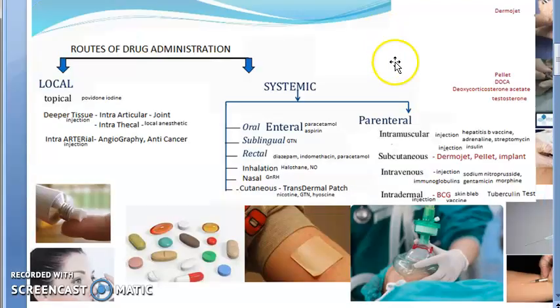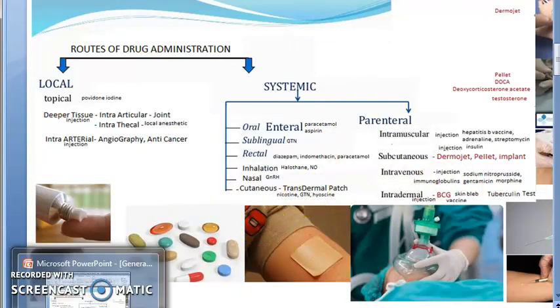Examples can you tell for, let's ask, intramuscular: adrenaline. Intravenous: come on, intravenous. Sodium nitroprusside, what else? Gentamicin, morphine, very good. Then tell an example for intradermal. Intradermal will be BCG, tuberculin test, lepromin test, etc. Subcutaneous will be insulin.